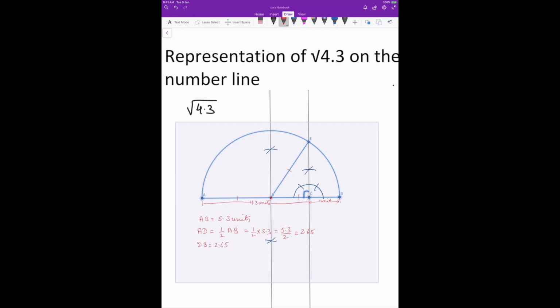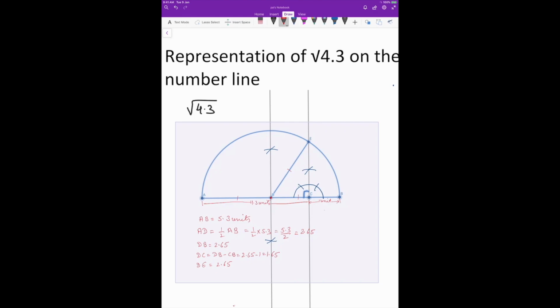And what is DC equal to? DC will be equal to DB minus CB, which is 2.65 minus 1, that is 1.65. Also, DE, being a radius of the semicircle, will be 2.65.